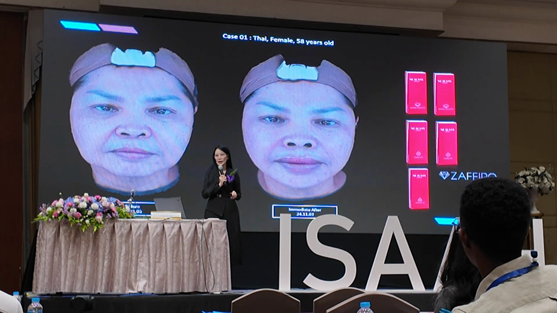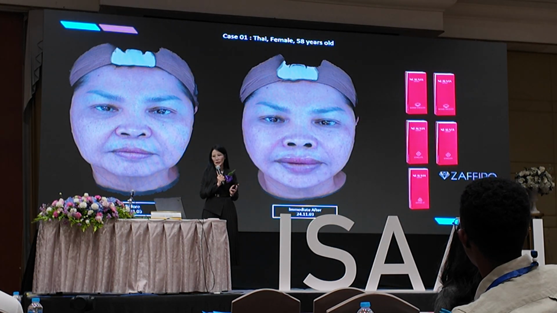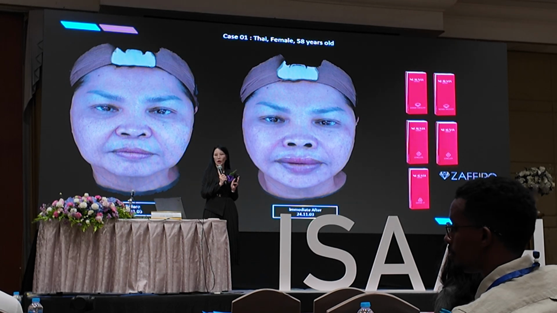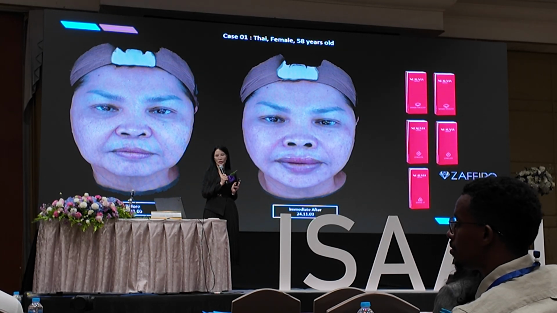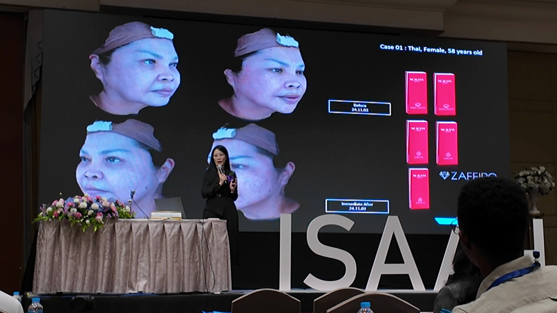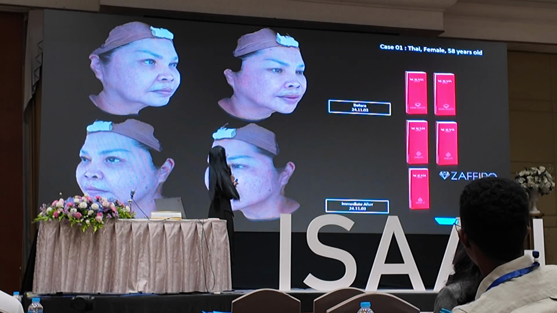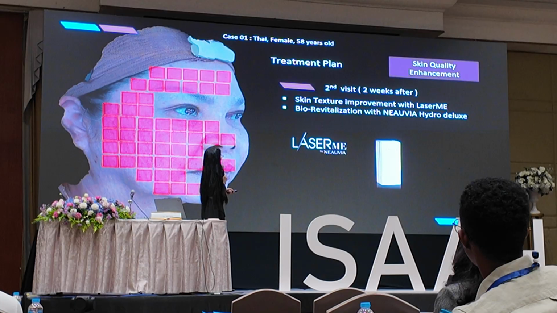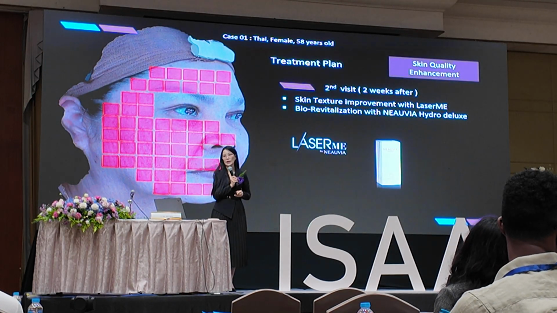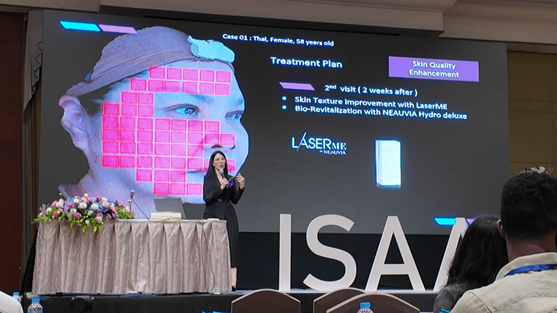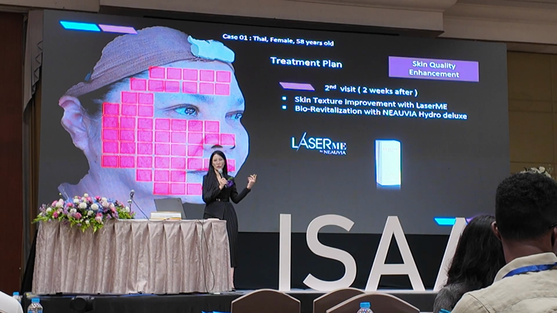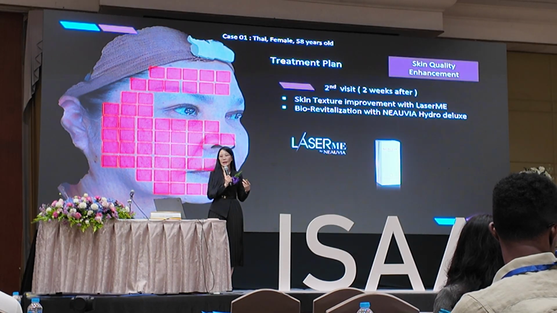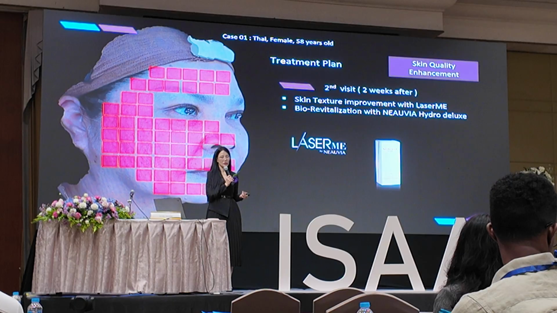And this is the result before and immediately after doing the injection of 5 cc of Nivea filler and the treatment of Safiro. You can see at the oblique view the lifting effect from both Safiro and the Nivea filler injection. And at the second visit, I use the Lesami laser to do the whole face, the one that I showed you in the video clip. And then I inject the Nivea Hydro Deluxe.